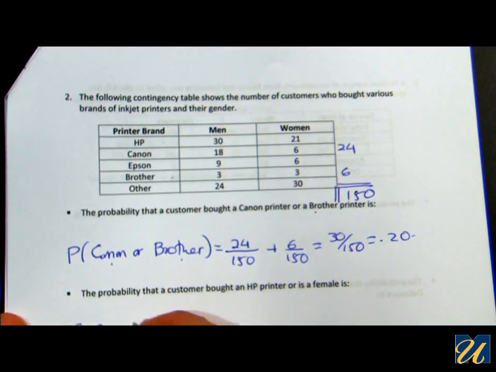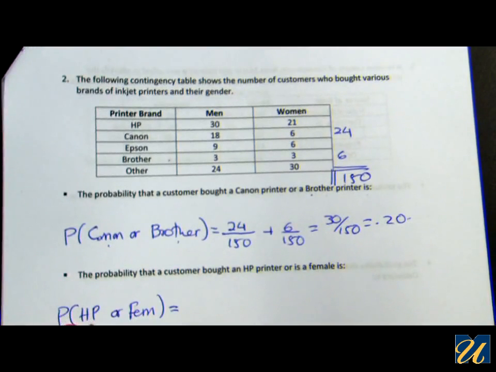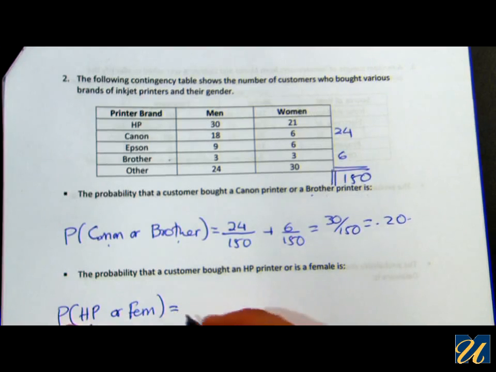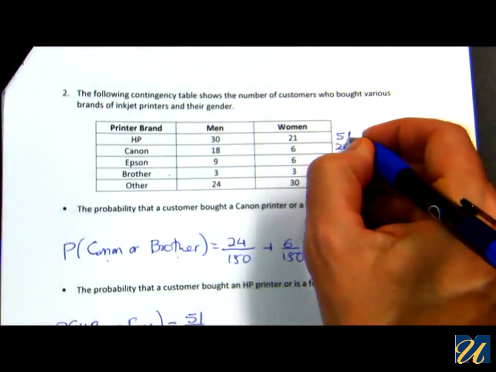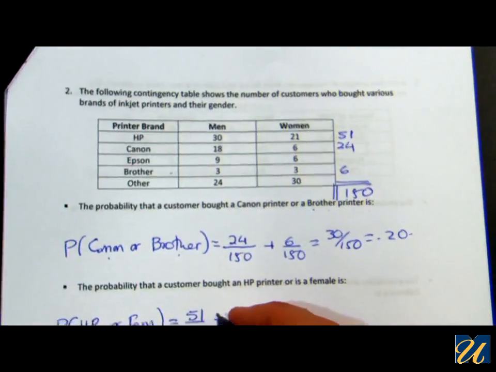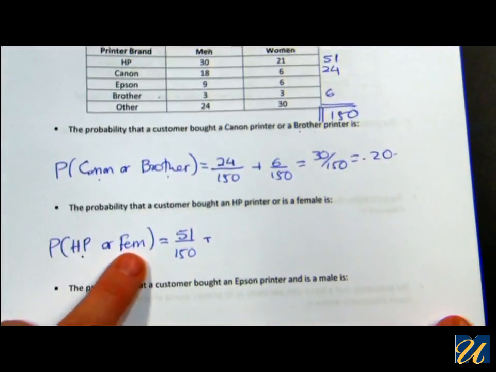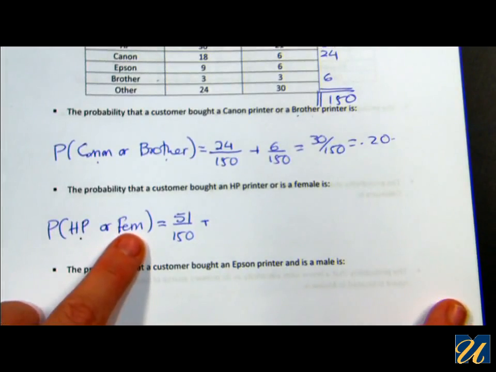The probability that a customer bought an HP printer or is a female. HP or female. So this will be equal to the probability of selecting a customer that bought an HP printer. That probability will be 51 over 150. You have HP, the total here is 51, plus the probability of selecting a female.